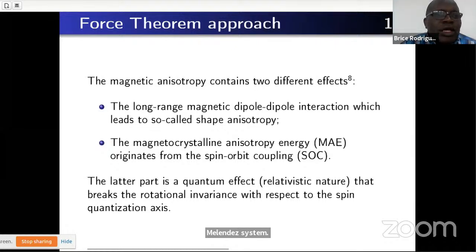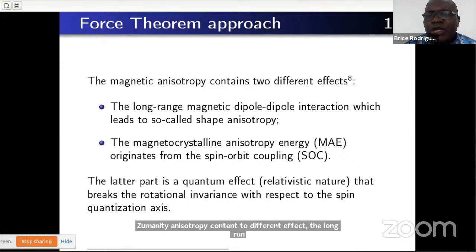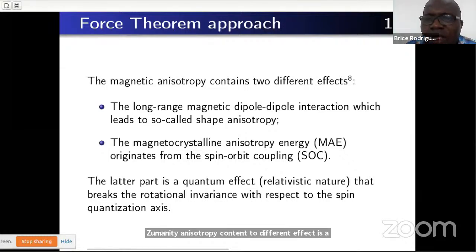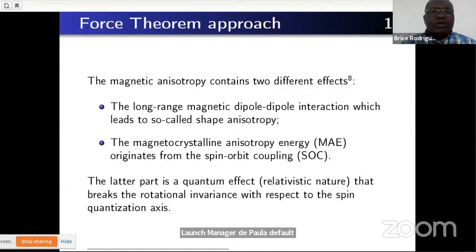Okay, let's talk about the force theorem approach. The magnetic anisotropy contains two different effects. The long-range magnetic dipole-dipole interaction, which leads to the so-called shape anisotropy.